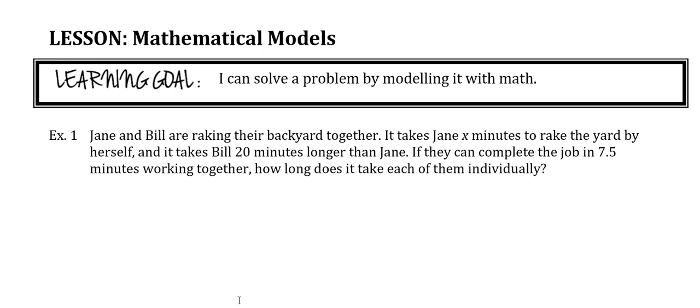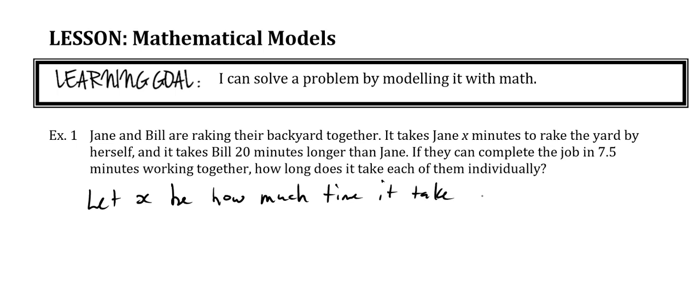It takes Bill 20 minutes longer than Jane. If they can complete the job in 7.5 minutes working together, how long does it take each of them individually? I'm still going to write this down. You wouldn't have to if it's given to you, but in the ones you're doing today, you're probably going to start with this. Let X be how much time it takes Jane to rake the backyard by herself.